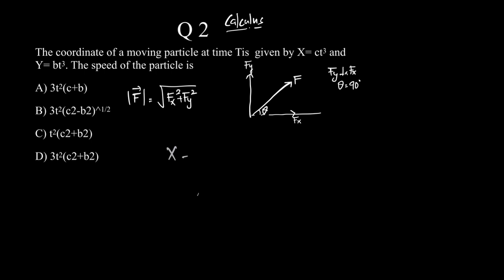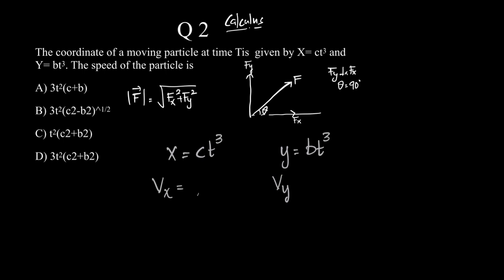See, x is given to be ct cube and y is given to be bt cube. Alright, now what we'll do is we'll find out the velocity with respect to x and the velocity with respect to y. So what will be Vx?